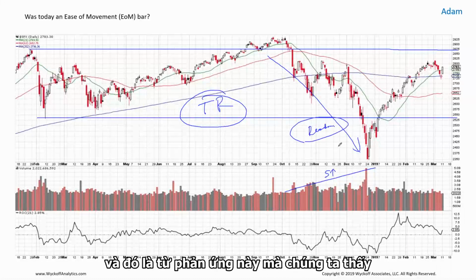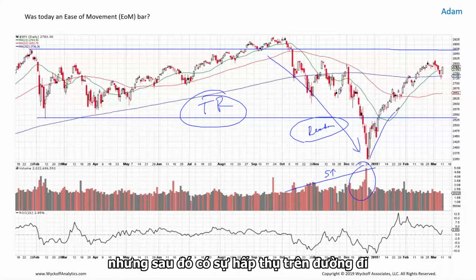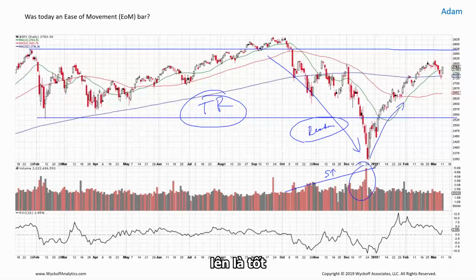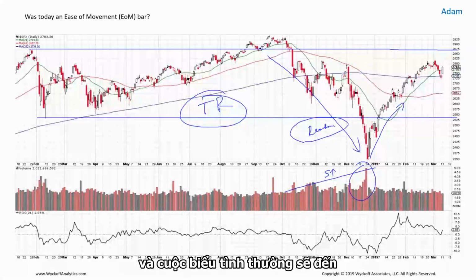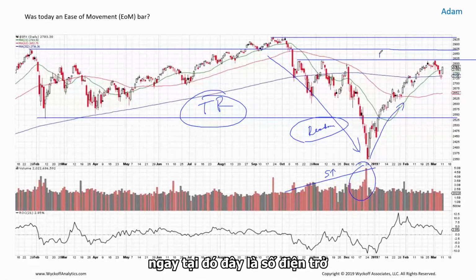And it's out of this reaction we see that there is absorption on the way down, but then there is absorption on the way up as well. And the rally usually is going to come to the area of the resistance. So we are right there. This is resistance number 1, number 2, number 3.